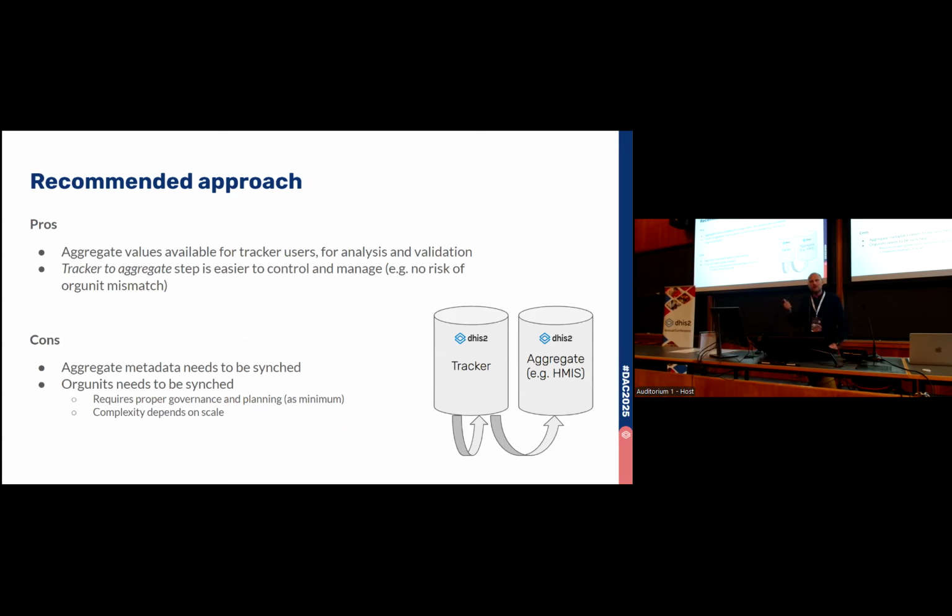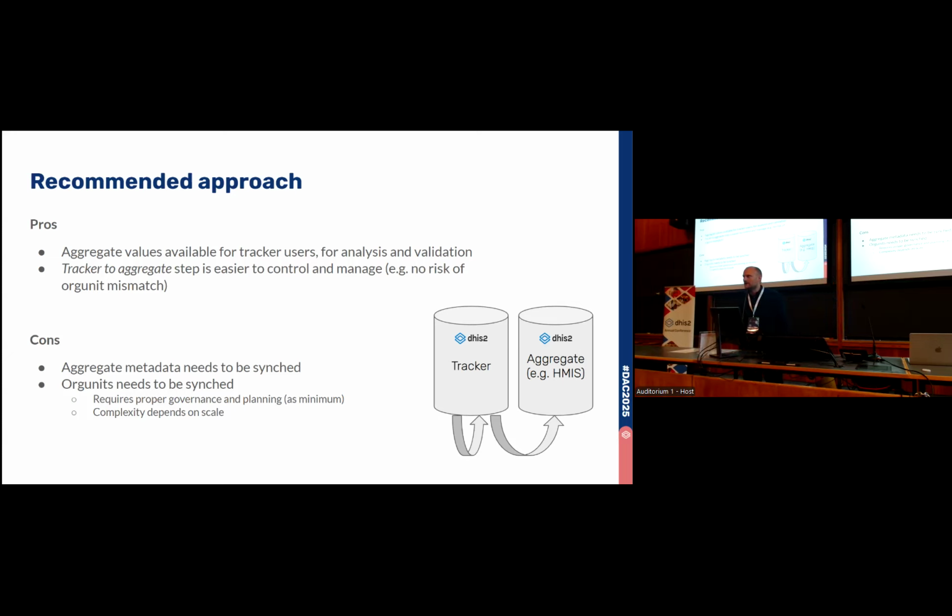First of all, you might have users that only use the tracker instance, and they might want to have the aggregate numbers in the instance they have access to, to be able to analyze the data also in the aggregate format. And it also makes the tracker-to-aggregate conversion slightly easier to control and manage.